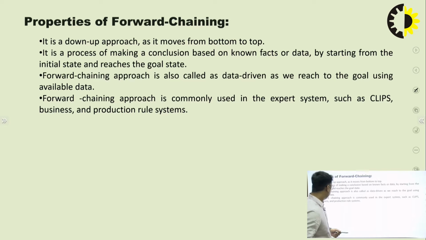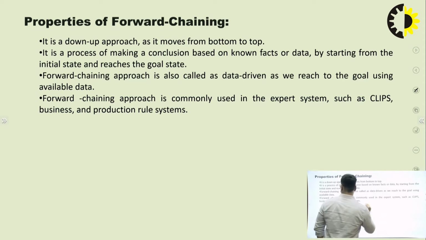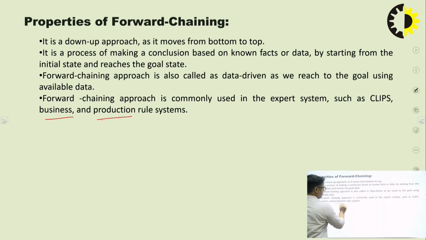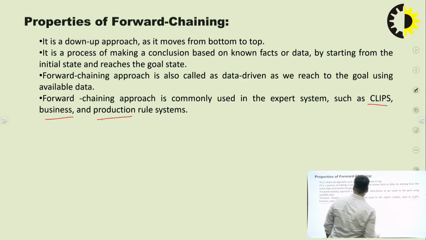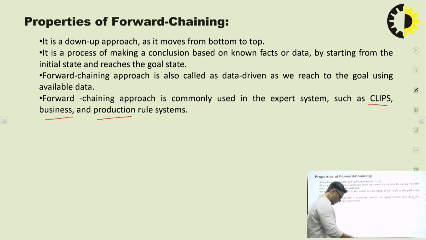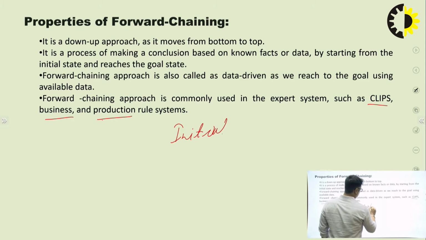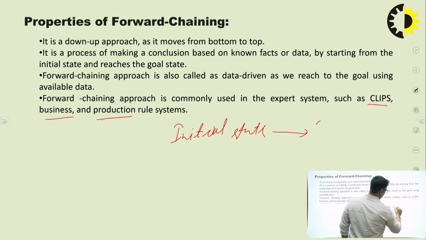Basically, forward chaining is used in business and production rules and CLIPS, because in production and business they follow the path from an initial state to a goal state.